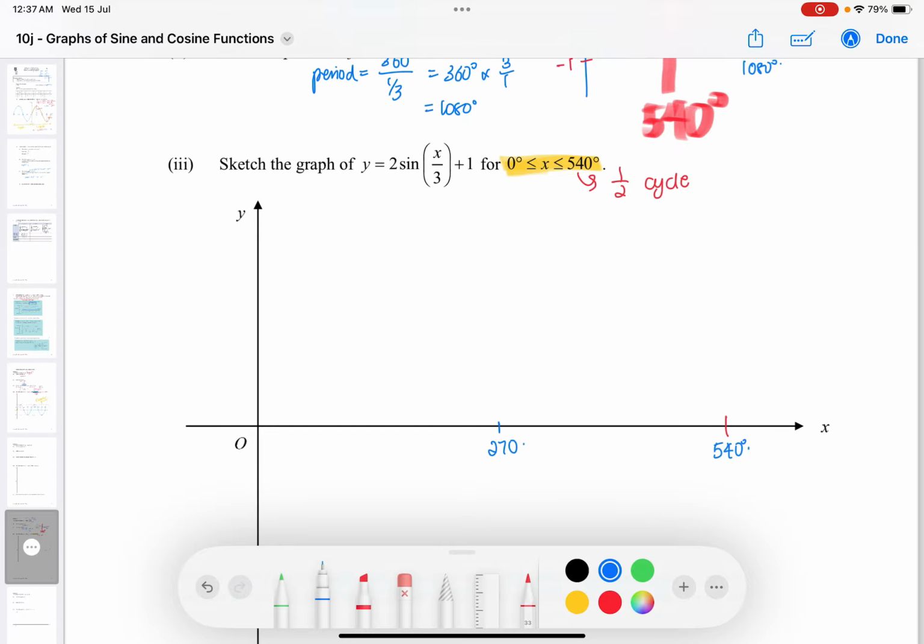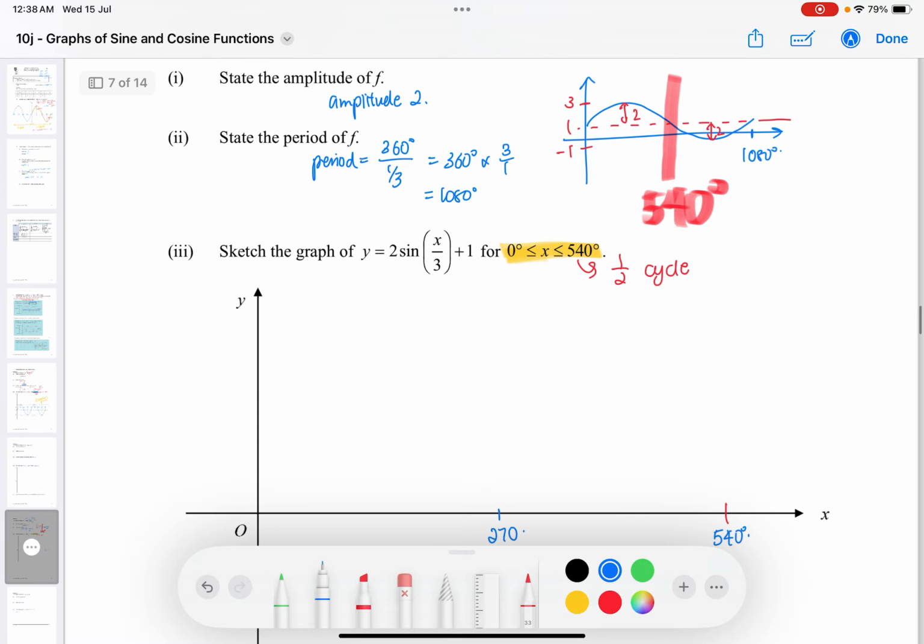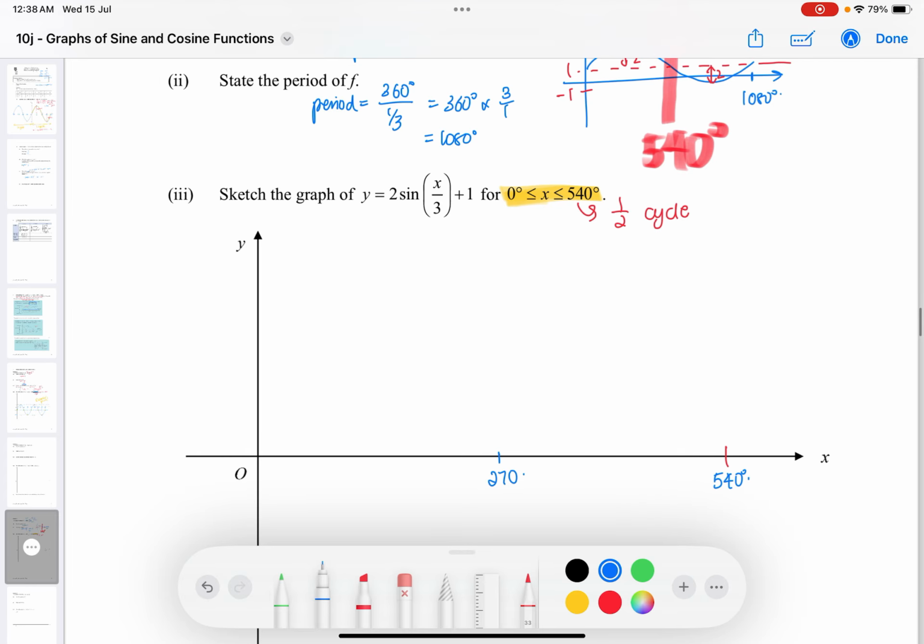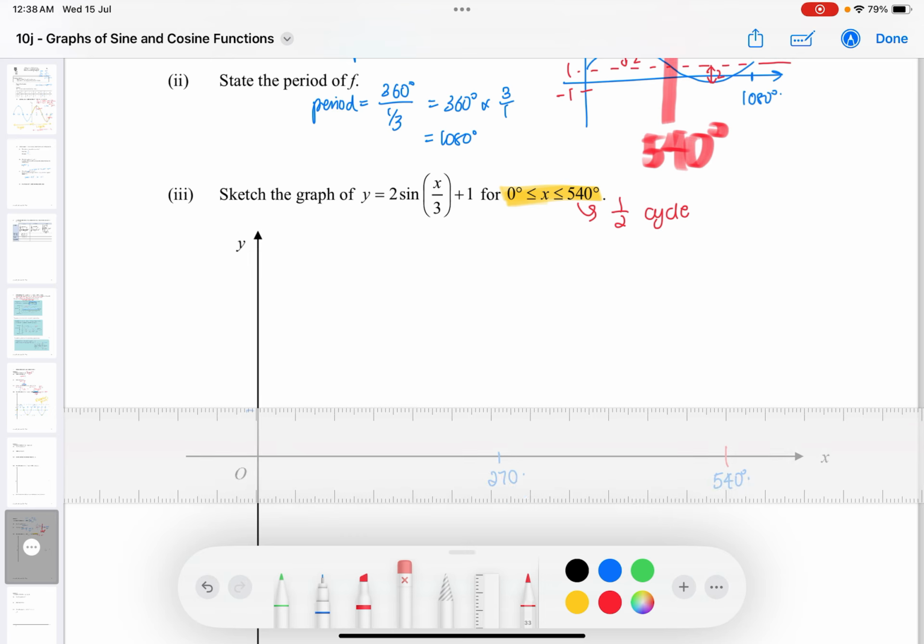Right? Then, at the same time, the graph starts at 1. So our graph, okay, sorry, I need to pull out my ruler again. Okay, at 1.